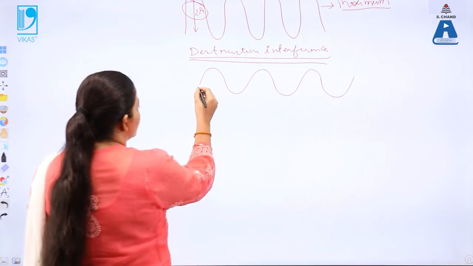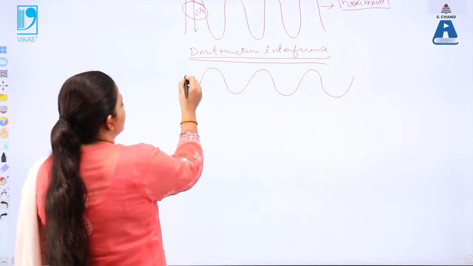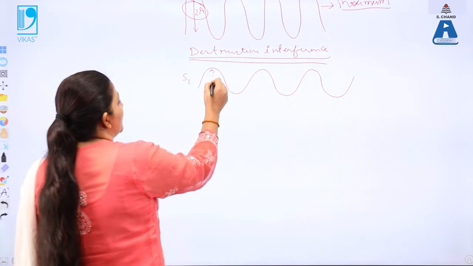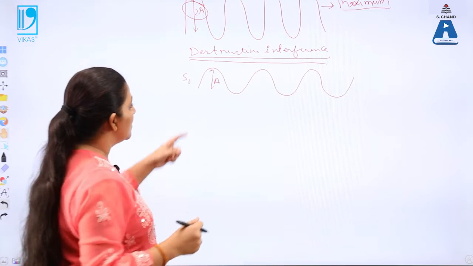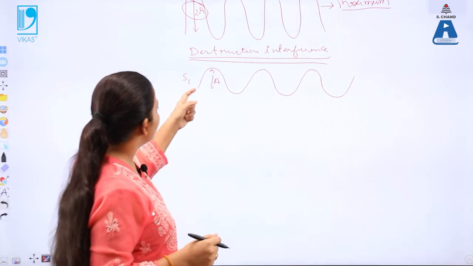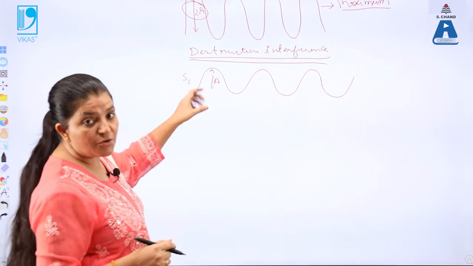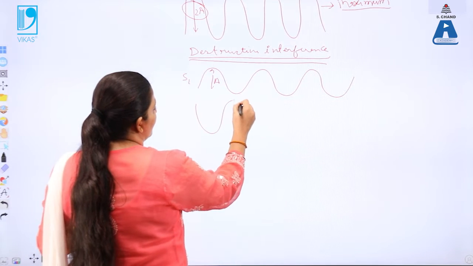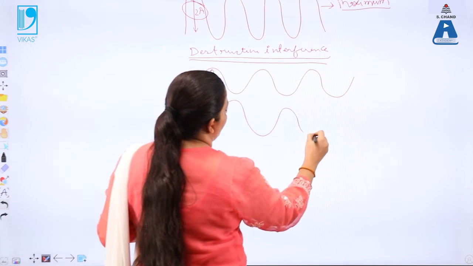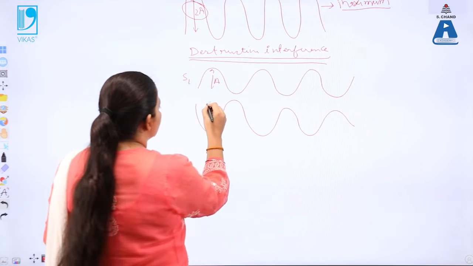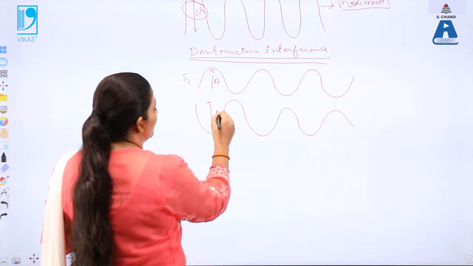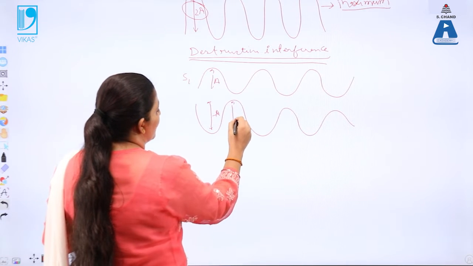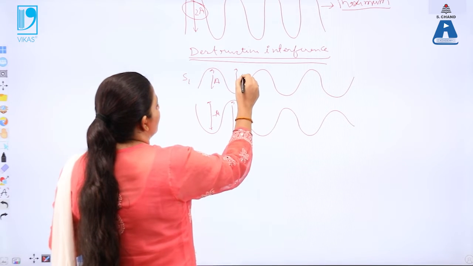So if this is the wavelet coming out from the slit S1 with amplitude A, and this maxima falls on the minima of the second, so here it is a minima of the second with minus amplitude. Again, this is a plus amplitude and here is a minus amplitude.